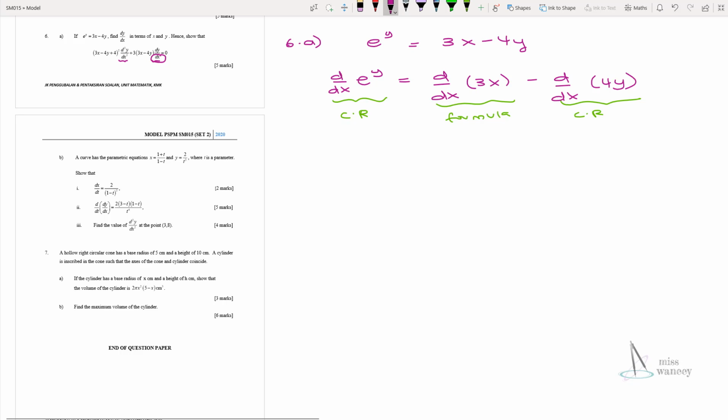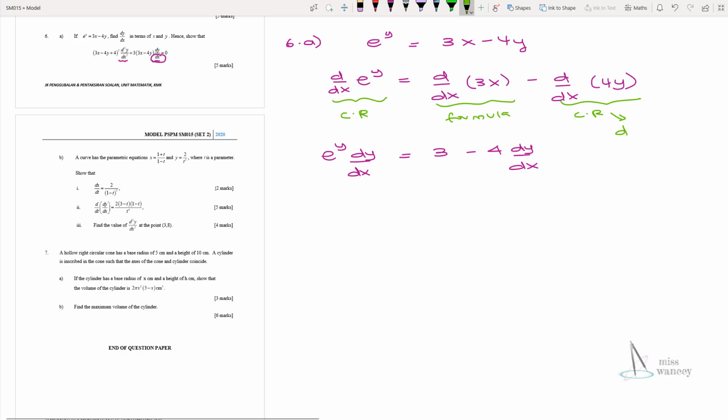So differentiating exponent, this is e^y times dy over dx. So this is equal to 3 minus 4 dy over dx. Just in case you couldn't see how I use my chain rule, let me show you one of them. I'll show you for d over dx of 4y.